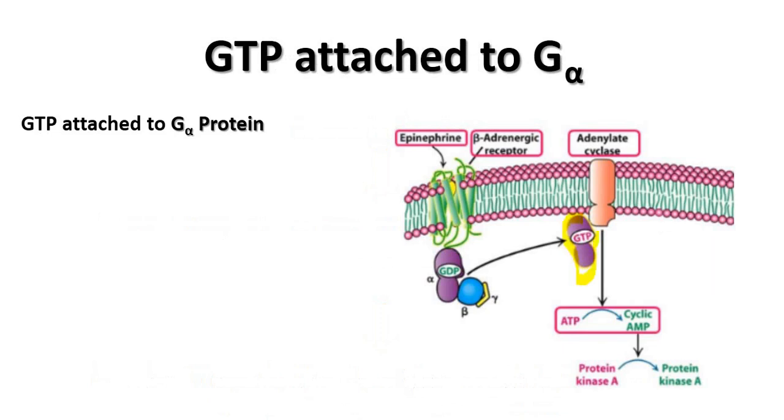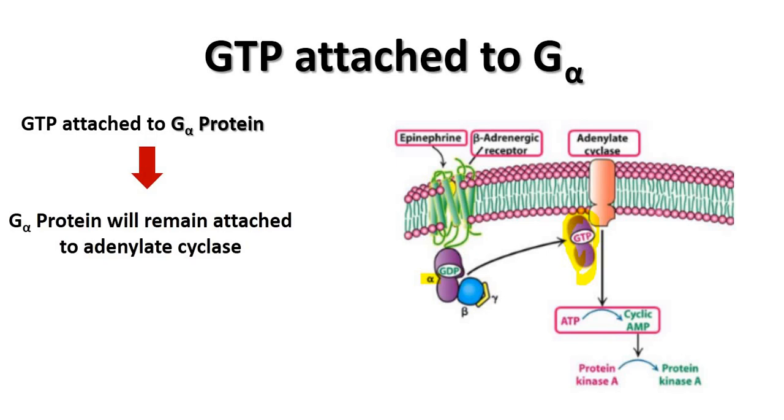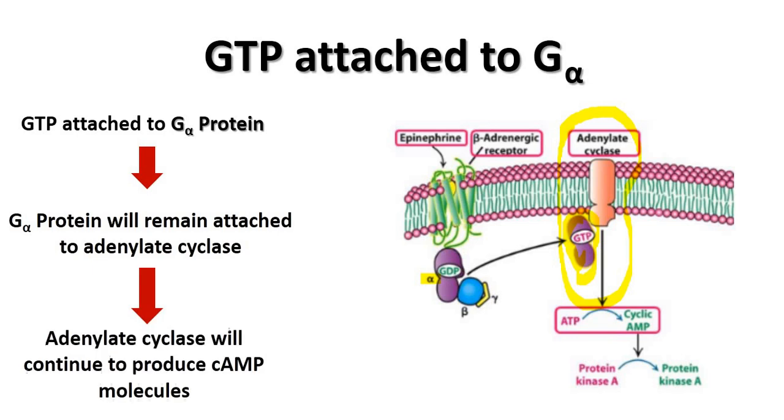This is your alpha segment, and this G alpha protein will remain attached to the adenylate cyclase. In this portion of the diagram, you can see the GTP bound, purple colored alpha fragment is bound to the membrane bound adenylate cyclase.